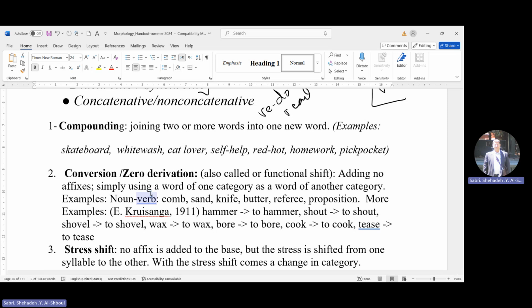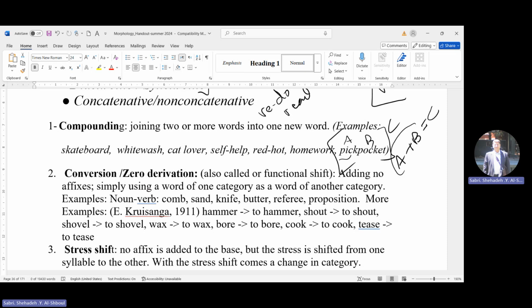Compounding, as we know, is a kind of derivational process where two or more word forms are joined together to come up with a new form, like skate and board become skateboard, white and wash become whitewash, self and help, self-help, pick and pocket, pickpocket. So here we have A plus B becomes C, which means that both pick A and pocket B become pickpocket C.